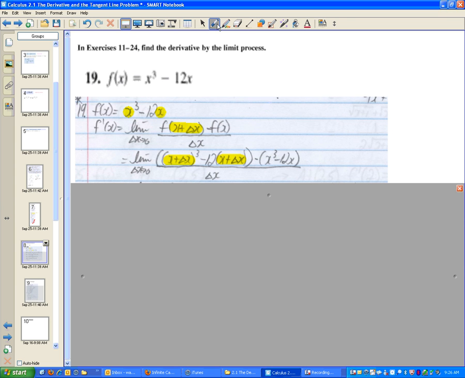All right, then minus f of x. So minus, and then you put down what f of x is. F of x is x cubed minus 12x. So minus parentheses x cubed minus 12x. And you still got the delta x in the bottom. Okay? You with me?